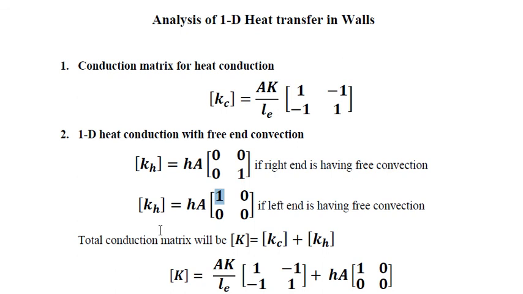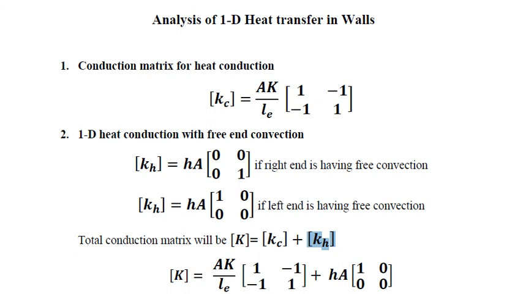Now, suppose there is conduction plus end convection, then the global conduction matrix is written as the conduction matrix of the element plus the convection matrix of the element. The major thing is conduction here. Don't think that I am explaining conduction and why I am telling about convection.